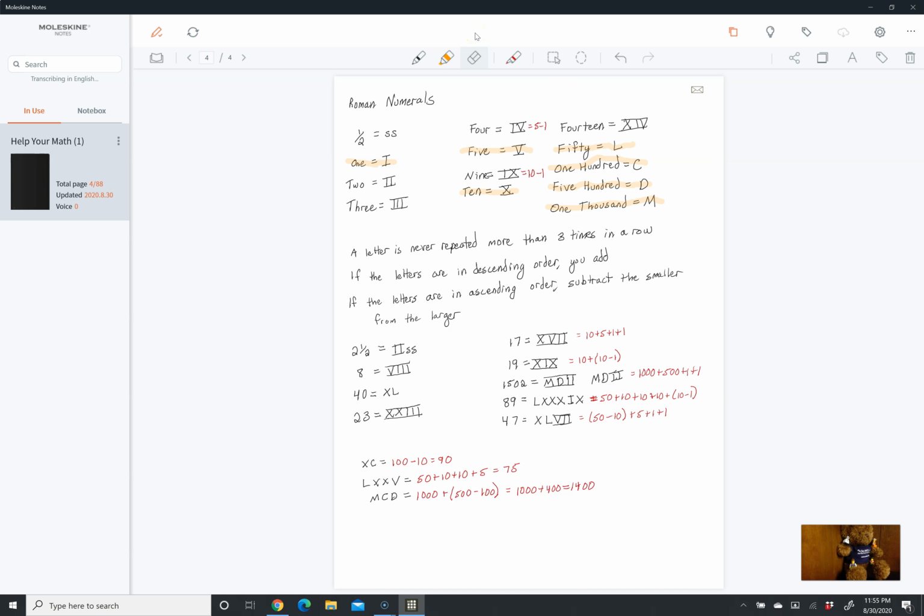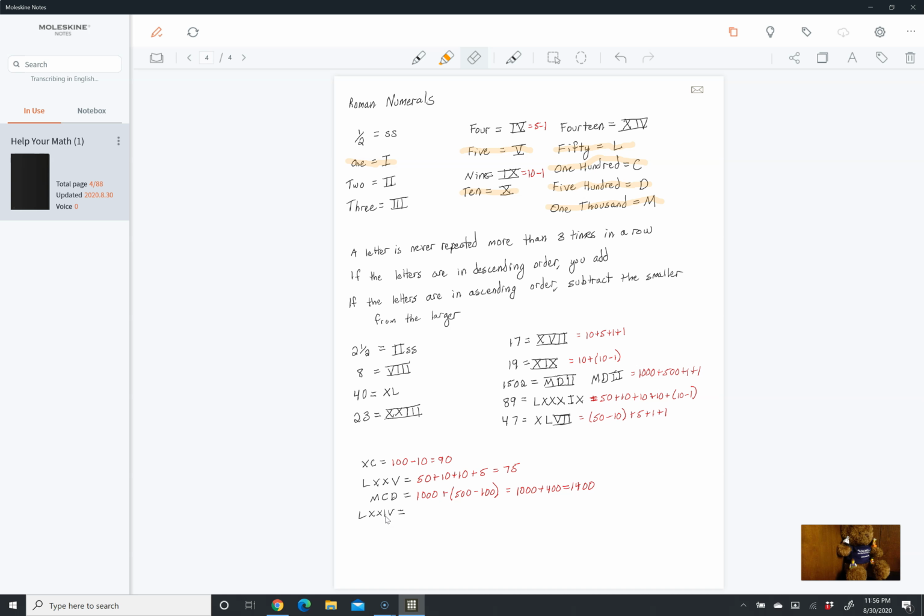Okay, so let's do LXXIV. So here our numbers are going down, except when we get to the IV. So when we get to the IV, we say, okay, well, wait a second, all of a sudden we started going up. So we're going to take this I and we're going to subtract it from the V, okay?